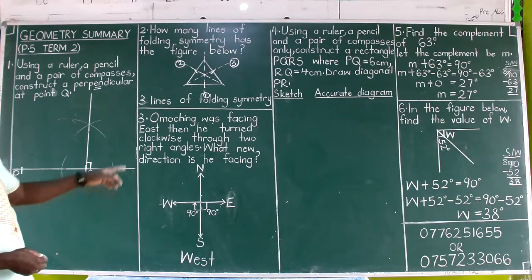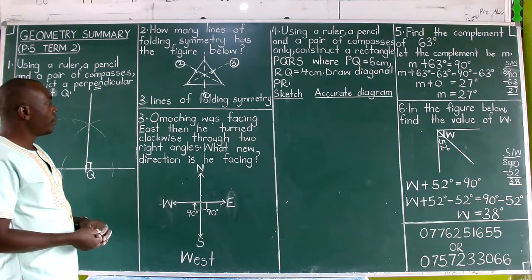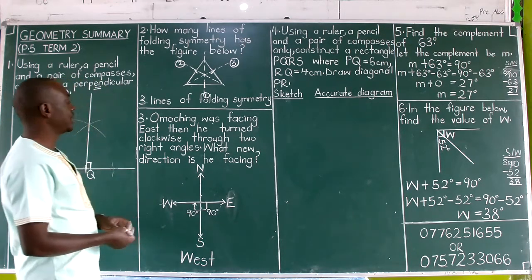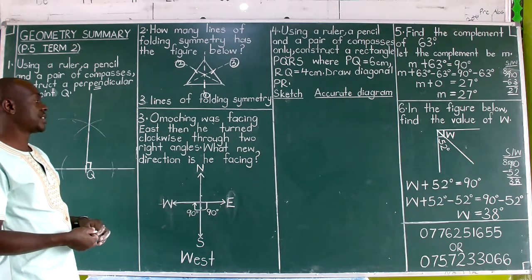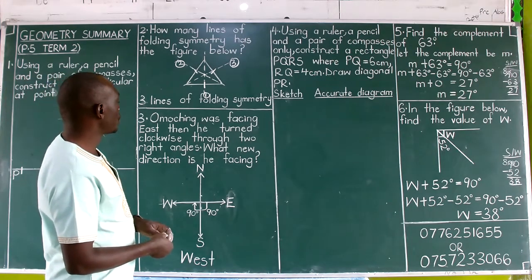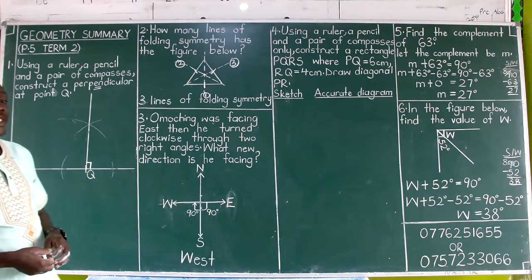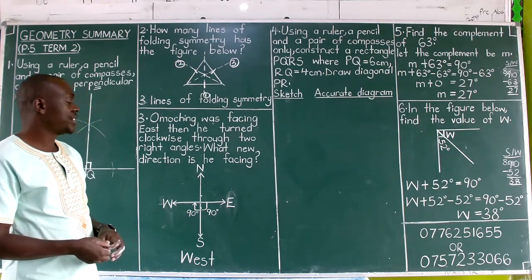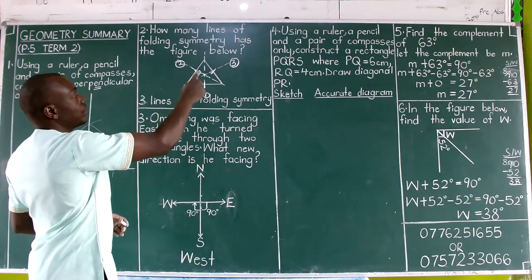Then we go to number 3. Omoching was facing east. Then he turned clockwise through 2 right angles. What new direction is he facing? He was facing east, he turned clockwise, meaning like your clock moves.